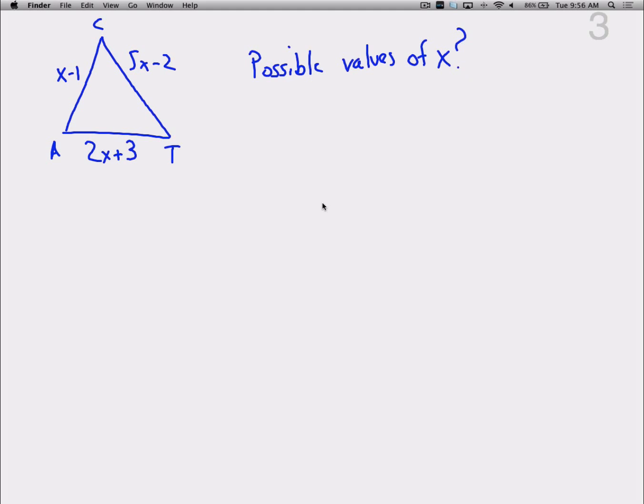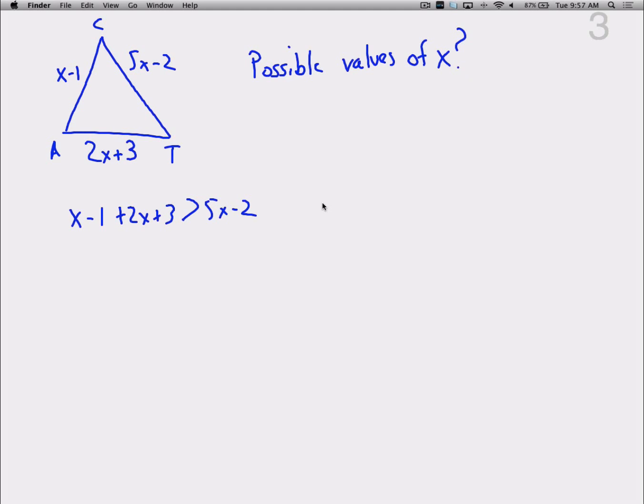Would it be x minus 1 plus 2x plus 3 is greater than 5x minus 2? That works. The sum of any 2 sides in a triangle has to be greater than the third. And we don't know which one is the smallest side, so we assume that we have 3 different scenarios. There's the first one.